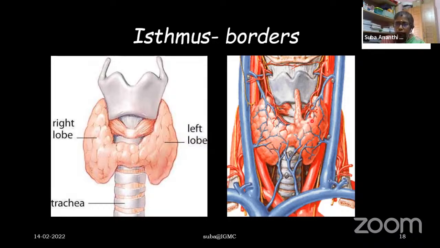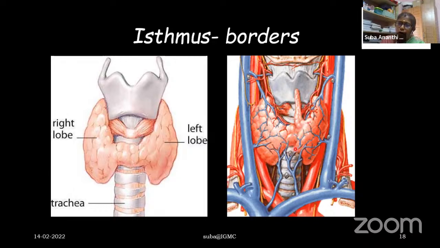This right side will anastomose with the opposite or left side superior thyroid artery. So they both will anastomose along the upper border or superior border of the isthmus. We have already seen that in 50% of individuals, there can be a pyramidal lobe attached to the superior border of the isthmus.